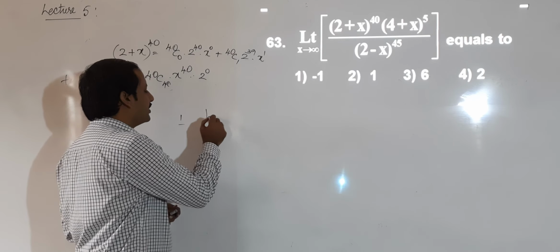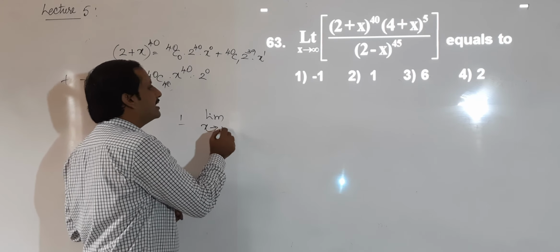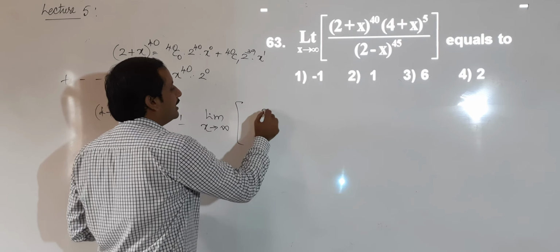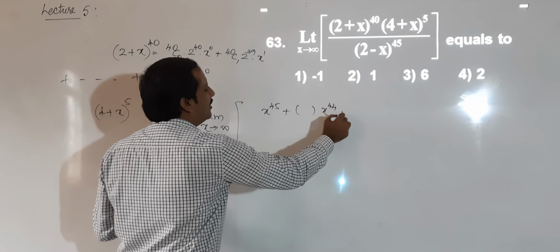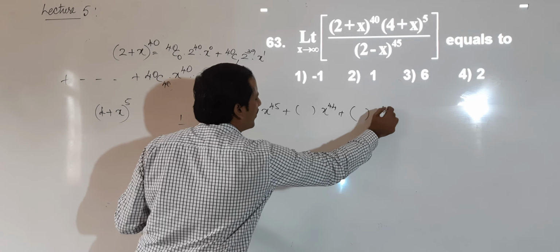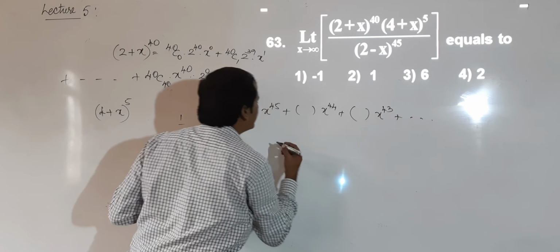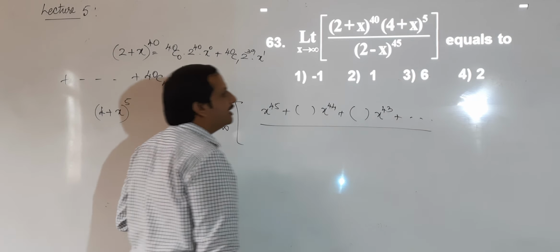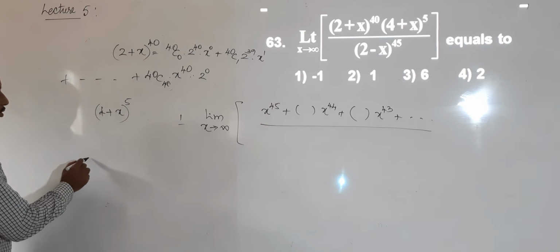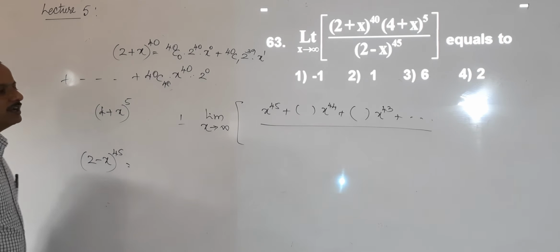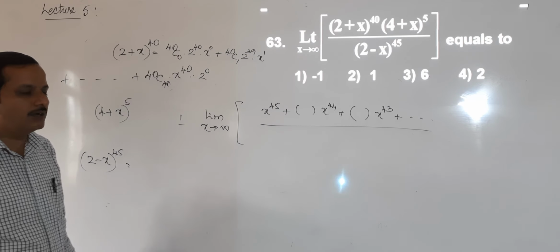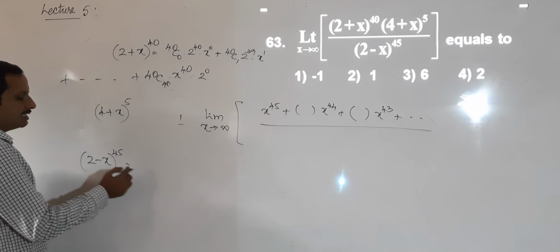So after all the simplifications, we will get limit x extends to infinity x power 45 plus some number into x power 44 plus some more number into x power 43, etc. Okay. Now let's have a look at the denominator. (2 minus x) whole power 5. So denominator is also a polynomial of degree 5. Okay, both are polynomials of the same degree. Now let's see what happens.